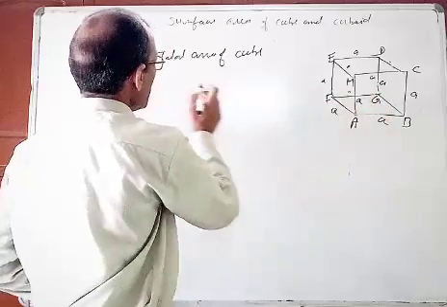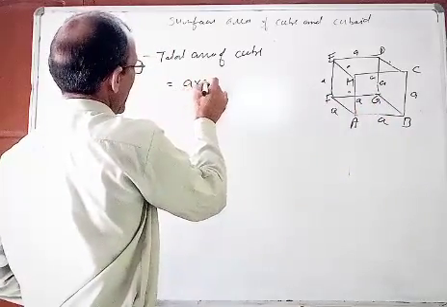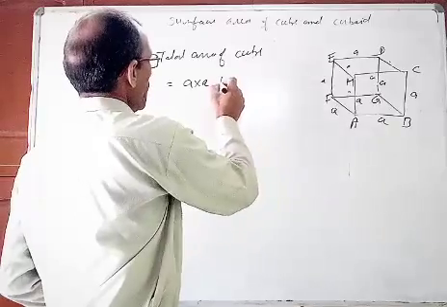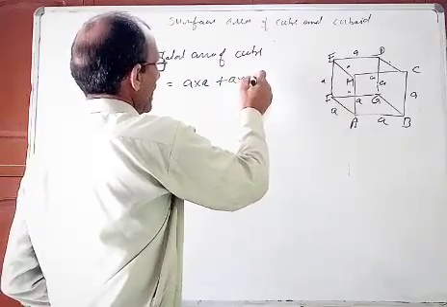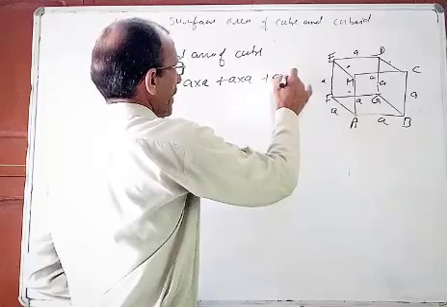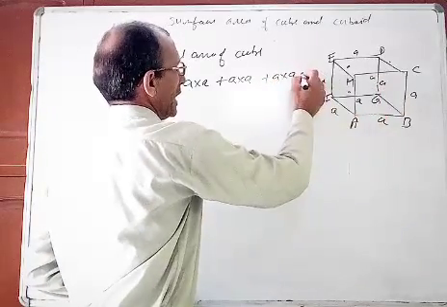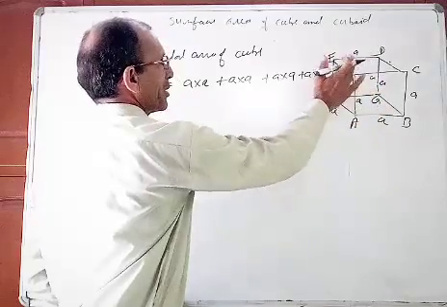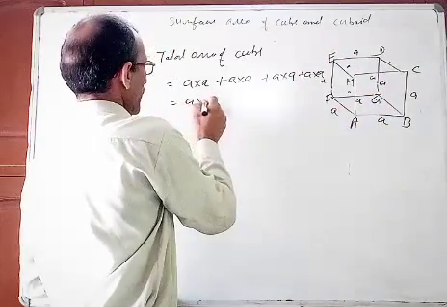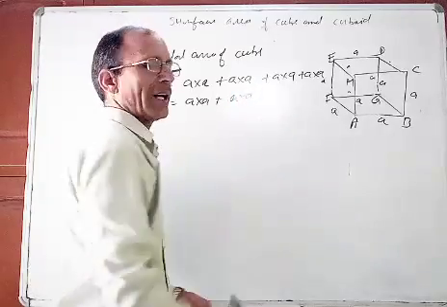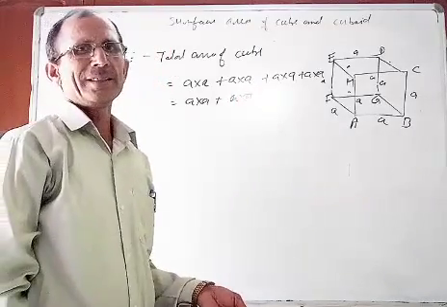So area of this base, A multiplied by A. Area of top also, A multiplied by A. Area of this portion also, A multiplied by A. Area of that portion also, A multiplied by A. Area of this portion is equal to this portion, A multiplied by A. I hope all are understanding.